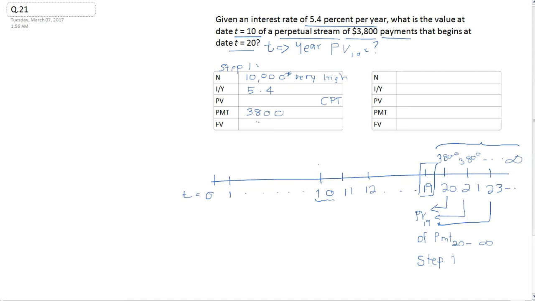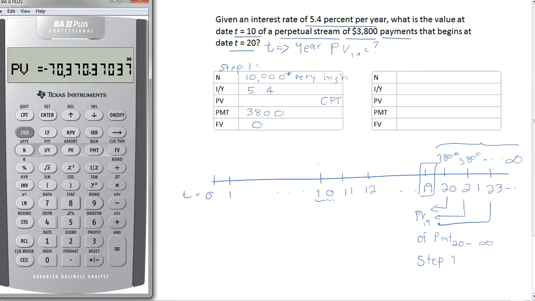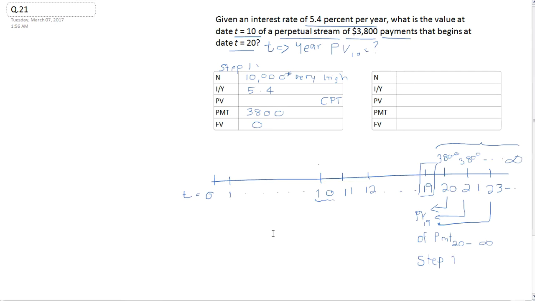FV is 0, because we don't see any ending here and no single amount that happened at the end of timeline, so that means FV is 0. So you compute for PV, which this is how much I got, 70370.37.